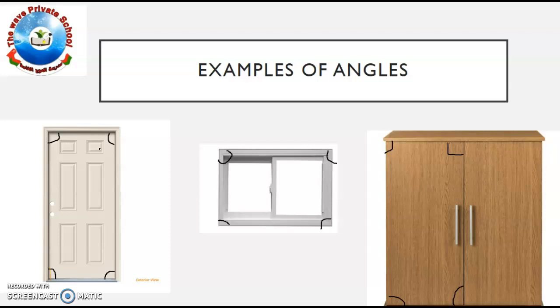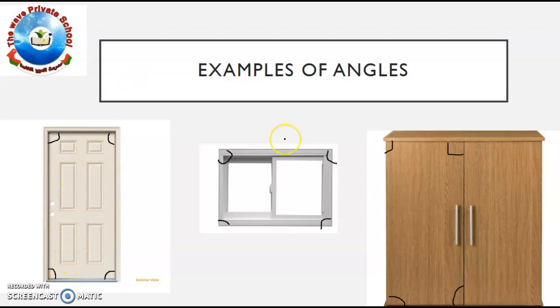If there is any vertex in a door, then yes, there is an angle in that door also. See this door carefully. This is one line and this is the second line and there is a meeting point. So this is one angle. Here is also a meeting point of one line and second line. Here is an angle also. That's why I mark an angle sign. Here is an angle also, and here. Also inside there are many angles.